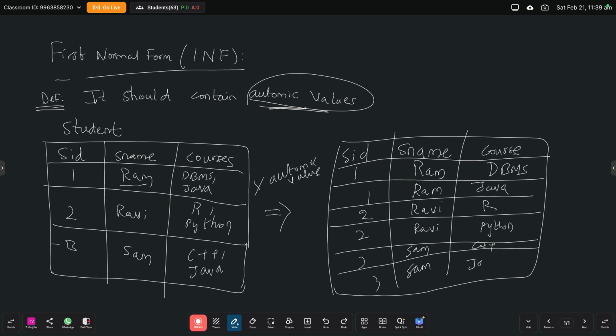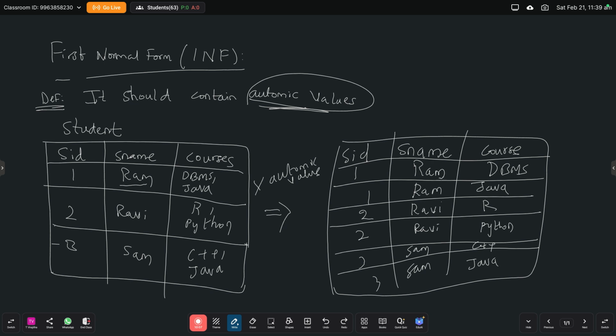So what have you understood here? 1NF should contain only atomic values. Atomic value means each and every row should contain only a single value, not multiple values.